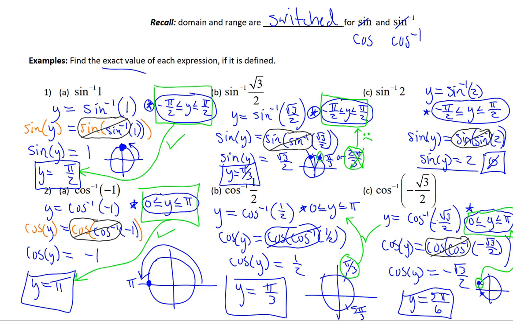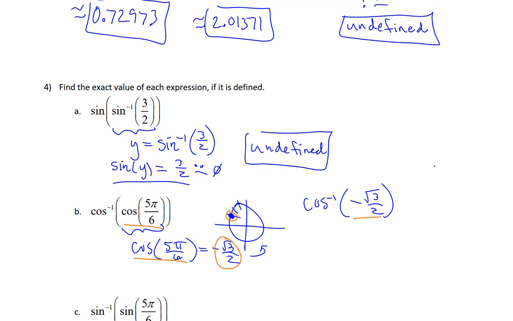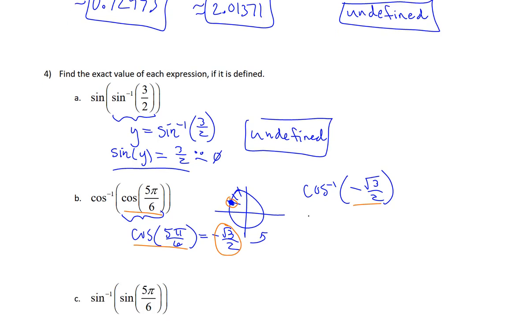Specifically, example 2 had the cosine in it, right? Cosine inverse of whatever the input was. So that's now exactly where we are. We're going to use the exact same process to go from there. I'm going to let y equal this. So y equals cosine inverse of negative root 3 over 2.